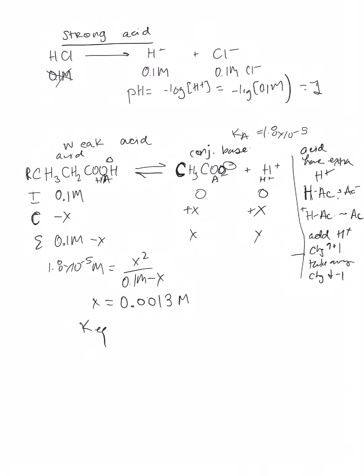This means at equilibrium, we have 0.0013 molar of H plus times 0.0013 molar of A minus over 0.1 minus 0.0013, or 0.0987 molar of our HAC.